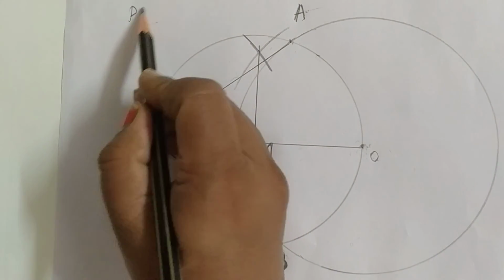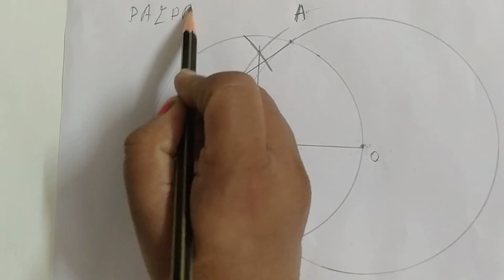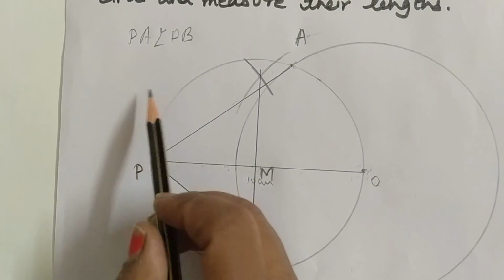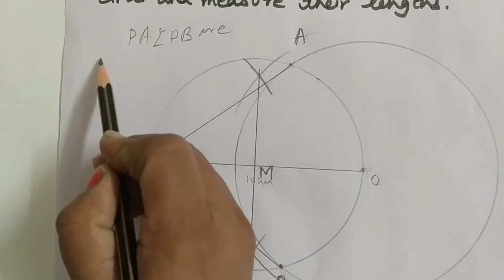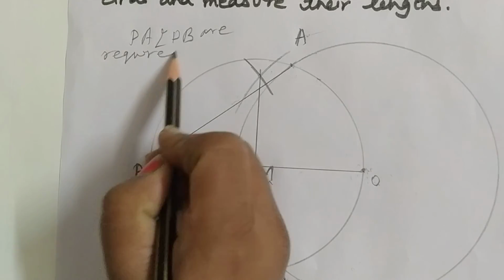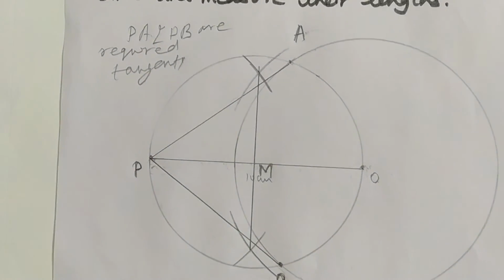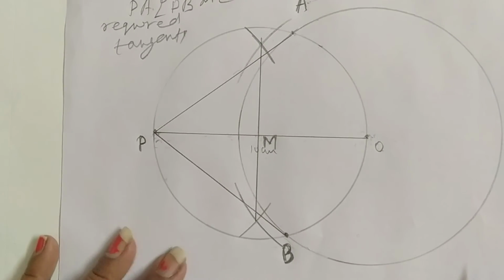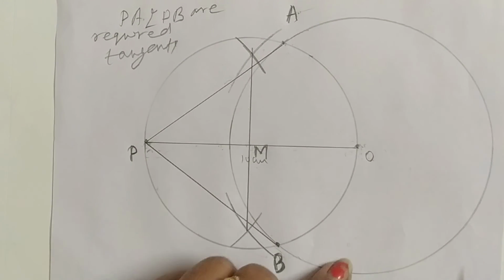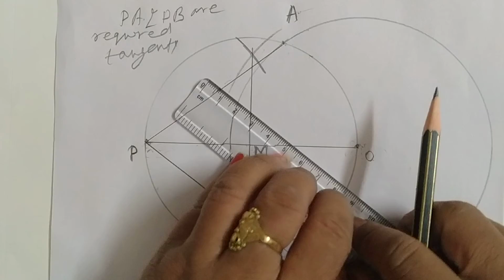PA and PB are the required tangents. Now how can we justify this? See, again I am telling you, justification is not going to come, but फिर भी मैं आपको बता देती हूँ.